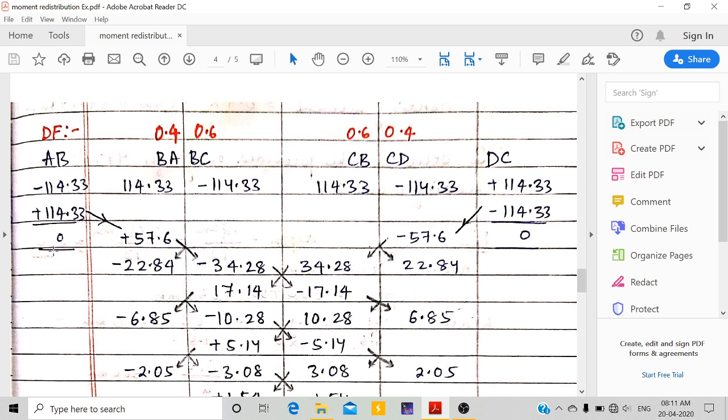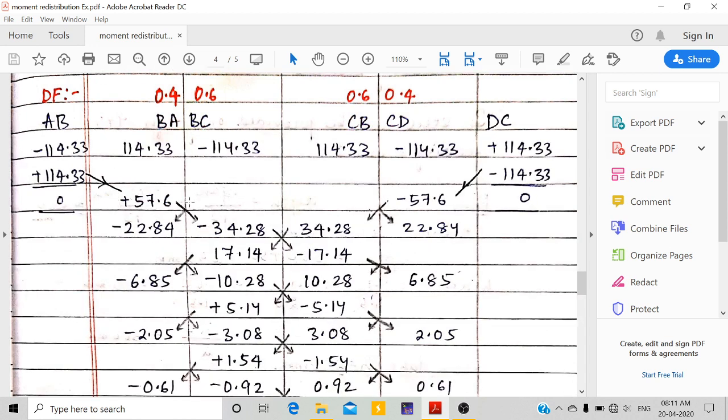Okay, so this is 0. So now half of this will be transferred. You know, if there is a moment we are adding to a hinged end, then half will be transferred. So half of this is 57.6. Now this will be distributed to BA and BC using this factor. So 57.6 into 0.4 and 57.6 into 0.6, and you see the sign is negative.